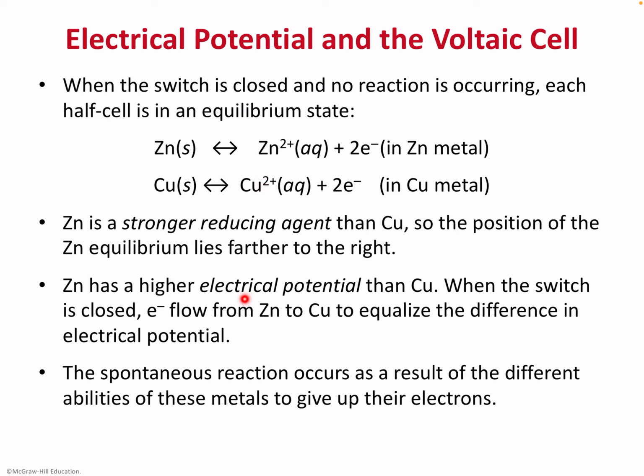The spontaneous reaction occurs as a result of the different abilities of these metals to give up their electrons. That is the reason why we see a spontaneous reaction. Since there are two different electrode potentials, one has a higher electrode potential compared to the other one.